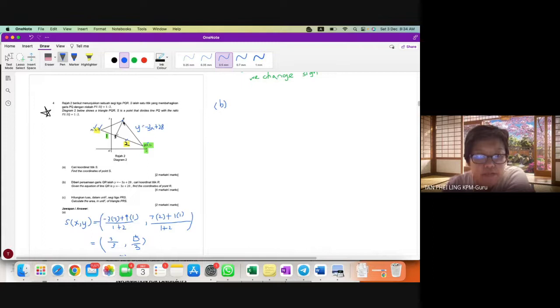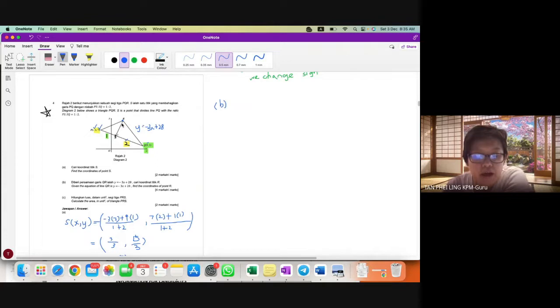Either you have the equation of R, or you have one of the points of R, so that you can straight away substitute into here, then you can get another one, right? I mean, if you have the x coordinate, you put in the x coordinate, you get the y. But do you have any here? You don't have, right? You only have Q that is on QR.